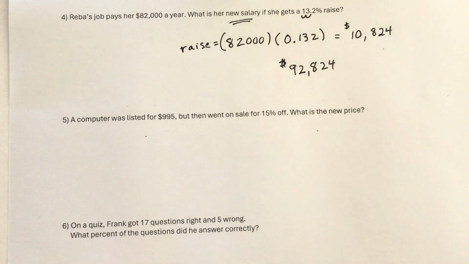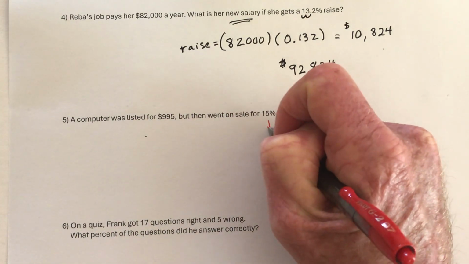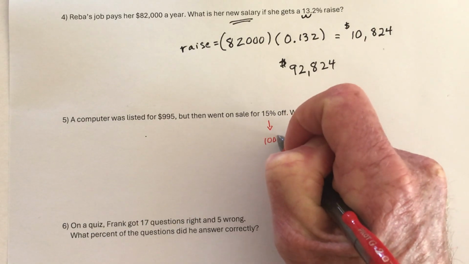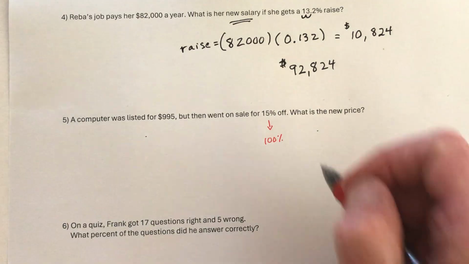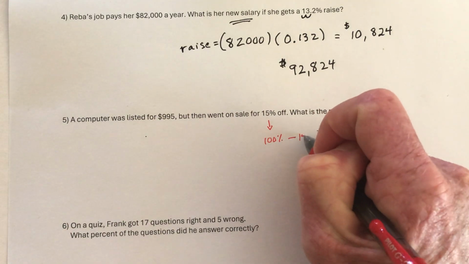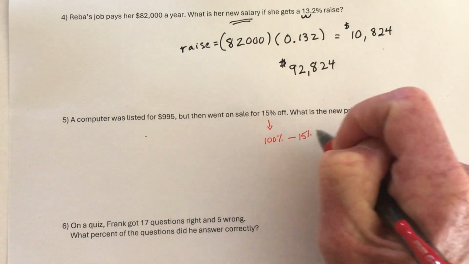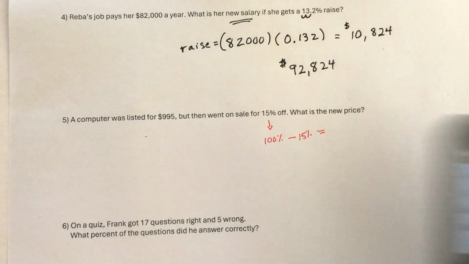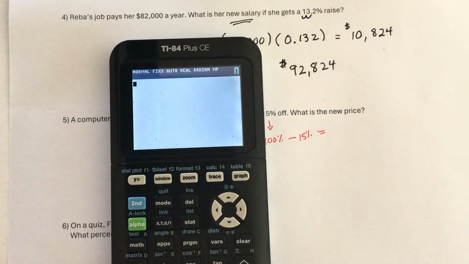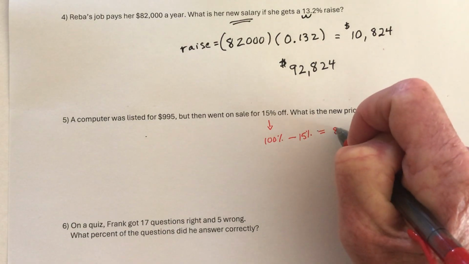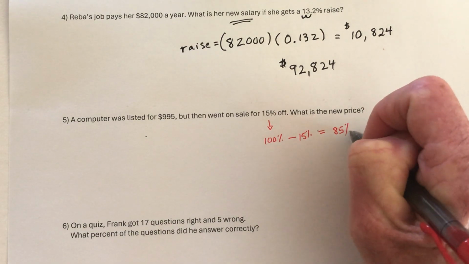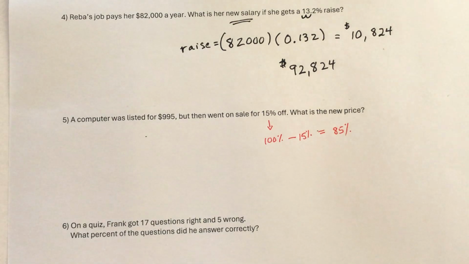There's another way to do it, and that is if you take 100%, which is the total price at the beginning, and you subtract off 15%, then that equals 85%. So just 100 minus 15 equals 85. So basically this person will have to pay 85% of the original price.